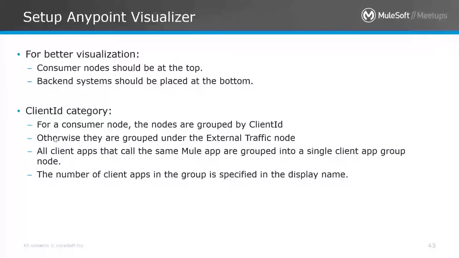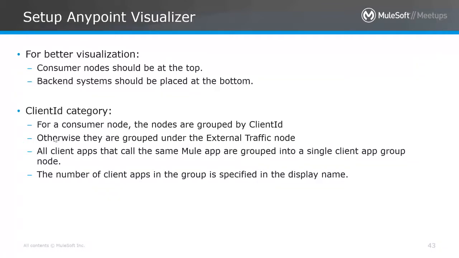So for example, for the common service in Visualizer, you will see some number written in front of it, and all the application arrows will be pointing towards that particular node. So the Visualizer will automatically categorize it as a common service, show all the arrows coming towards it, and show the number of applications calling that particular service.